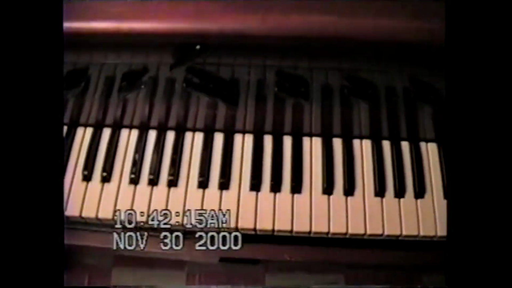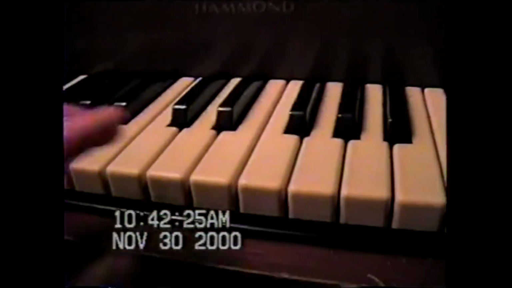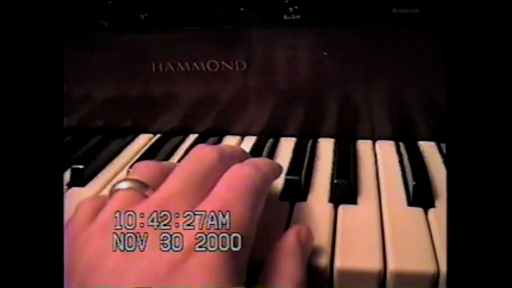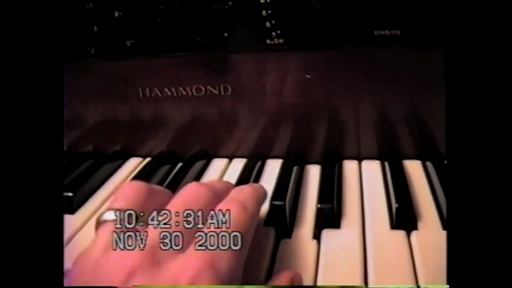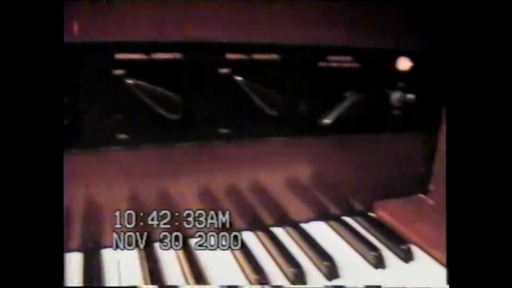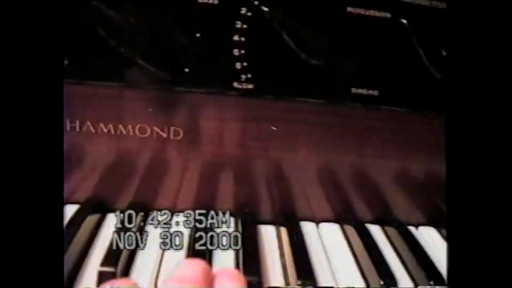Well, you can hear the vibrato starter working. Should we try it? Only one speaker's working, I think.